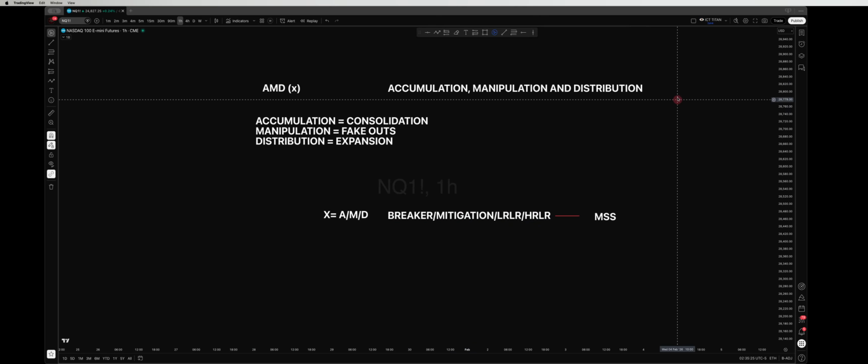So we are connecting the accumulation, manipulation, distribution with the breaker, mitigation, low resistance liquidity run, high resistance liquidity run to confirm a market structure shift. All right. So let's get to the chart.